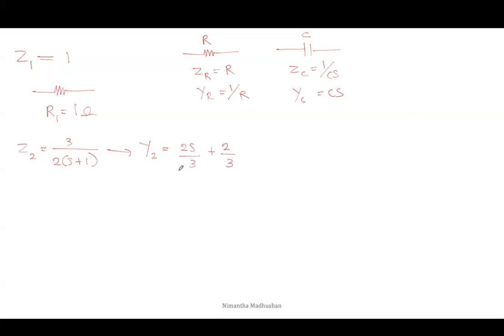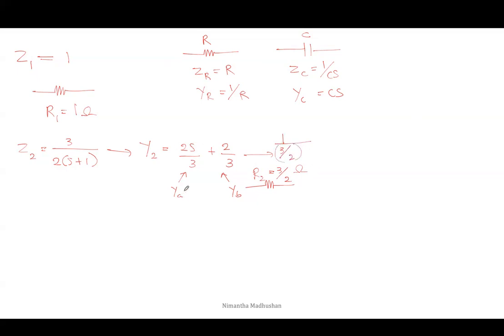These are small admittance values Ya, Yb. According to these admittance values, this one is equal to 1 over R, so it will be a resistor. There are no S terms. R2 is equal to 3 over 2 ohm, because I can rewrite this as 1 over 3 over 2.